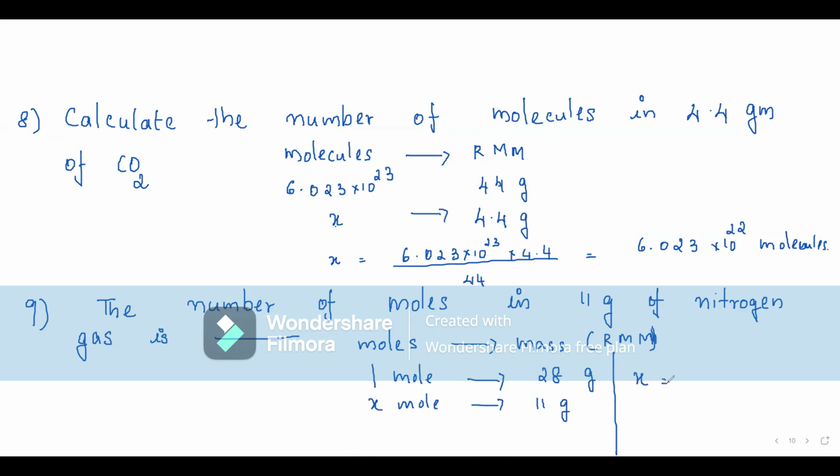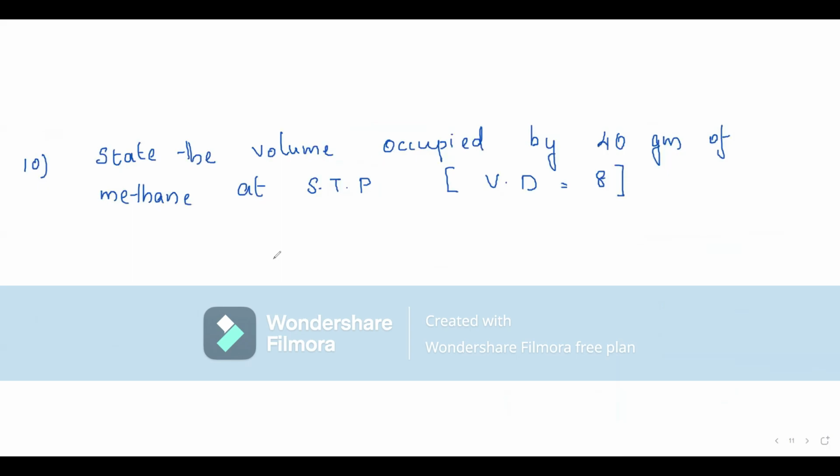Now, calculate X by cross multiplication. That is 1 into 11 by 28. 11 by 28 is equal to 0.3928. So I'm rounding it off. 0.39 moles will be the answer.